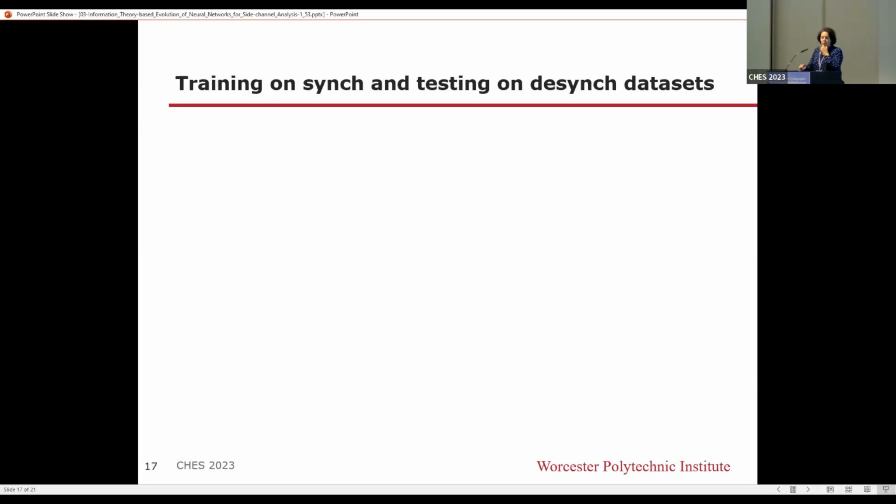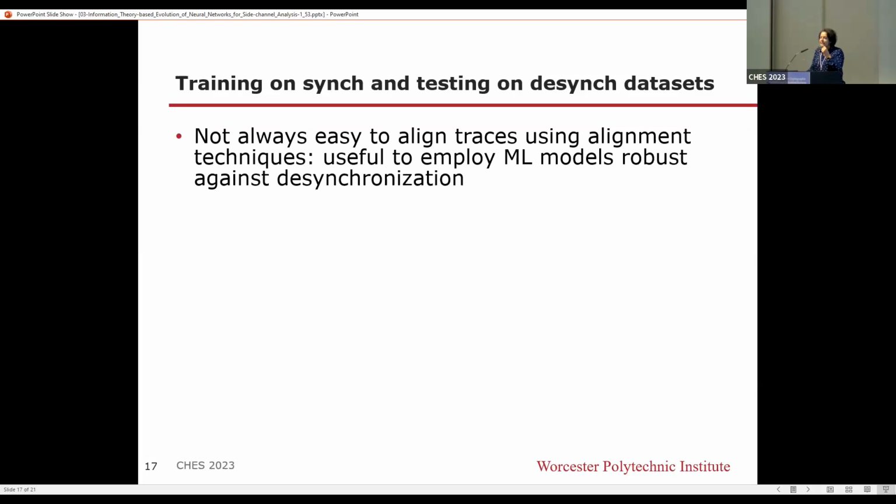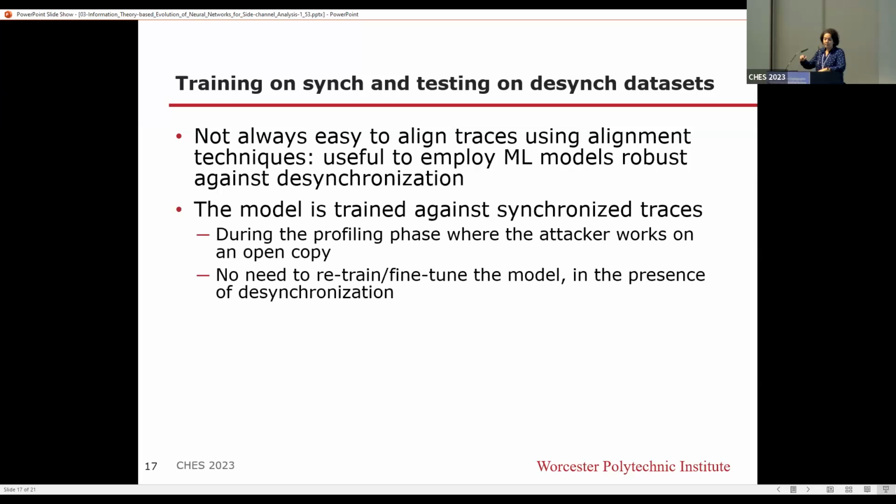And what I'm going to show you is the reason why training on synced traces and testing on desync traces might be useful. In some cases, alignment is not easy to do. And if the neural network or any machine learning technique can help in that regard, it is appreciated.